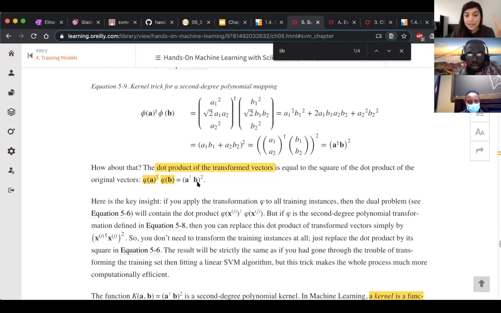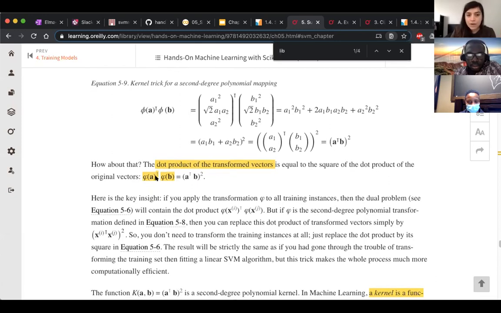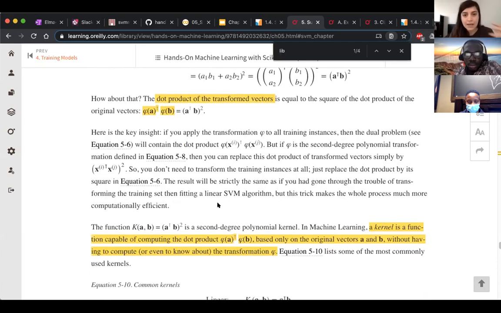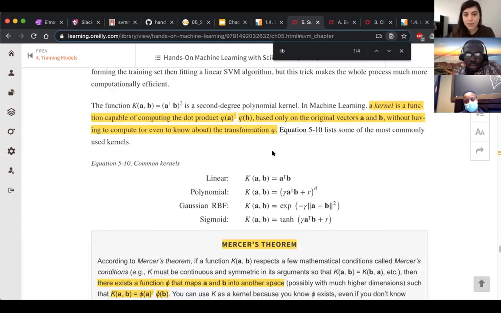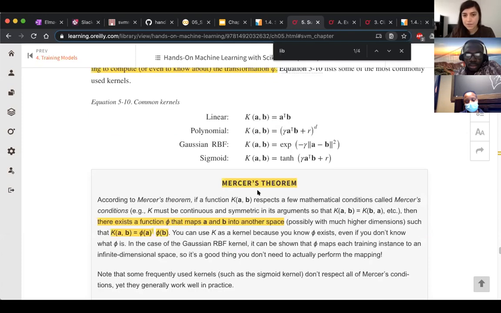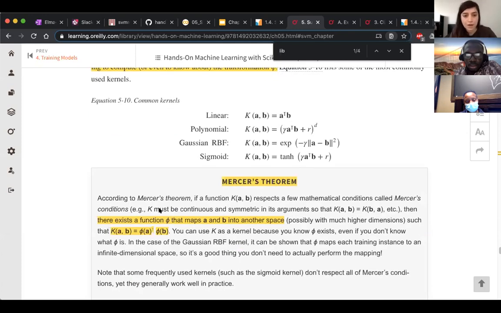But to be able to get from a transformation map to the actual vectors that we initially wanted to transform, it has to meet certain criteria, and those criteria are under Mercer's theorem. Those criteria are listed over here.